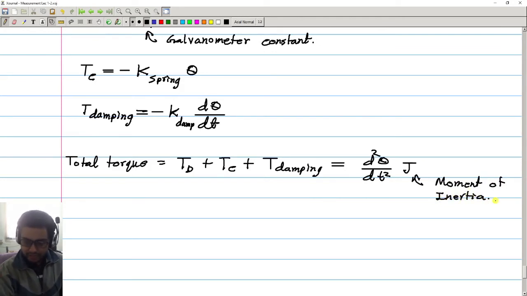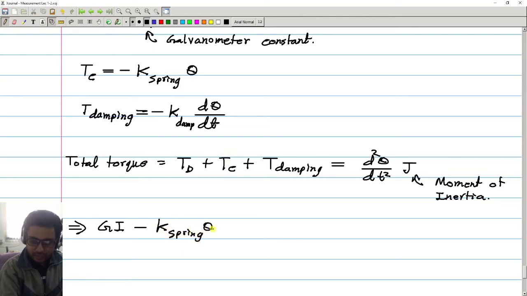Okay, fine. Now let me put the expressions for these individual torques. So we will get here G_i plus, this is minus K spring theta, minus K damp, let me use shorthand. You know this, right?